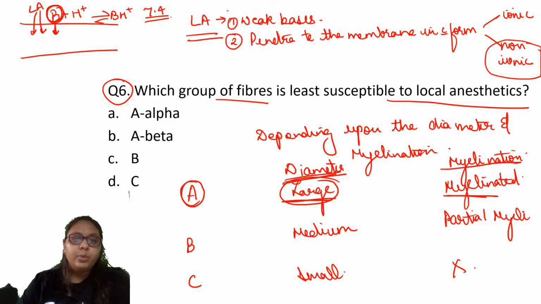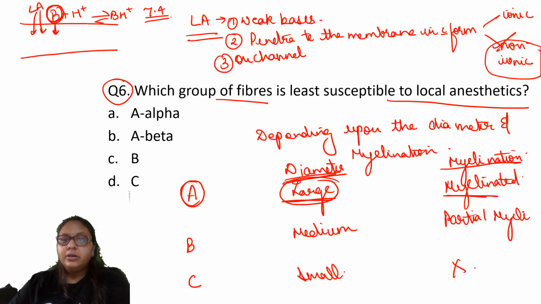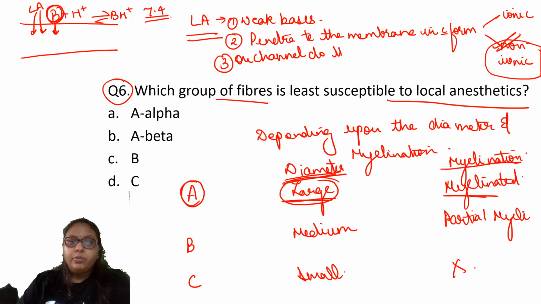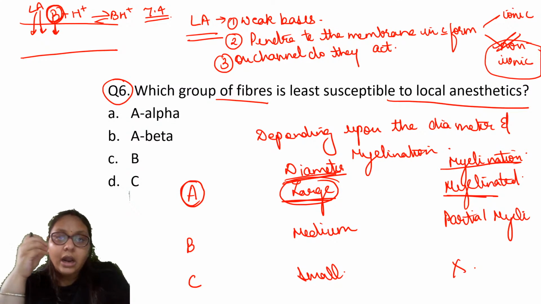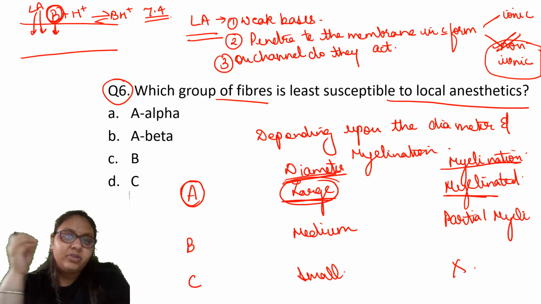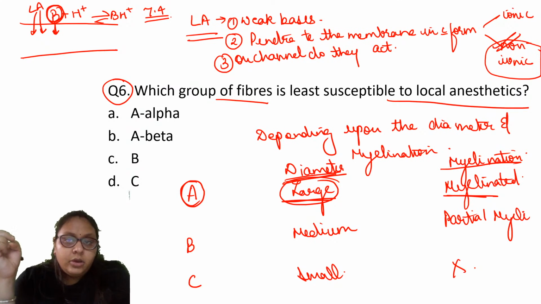Where do they act? On which channel do they act? How do they cause the impulse not to be transmitted? On which channel do the local anesthetics act?